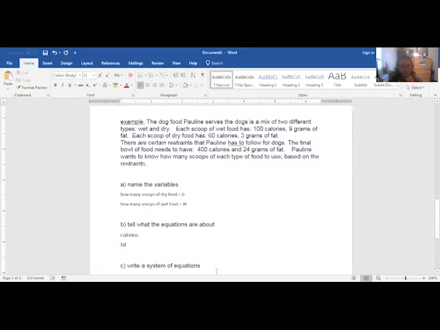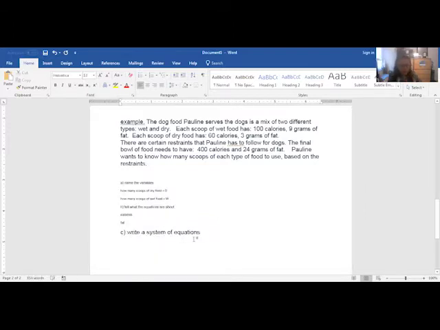In part C, we're asked to write the system of equations. I'm going to make some of this smaller so I have more room. When we're asked to write the system of equations, I'm going to look back at part B and see that our equations are about calories and fat, and I'm going to leave those labeled here. So I'm going to start with the equation about calories. What do we know about calories in relation to dry food and wet food, which are our variables here?